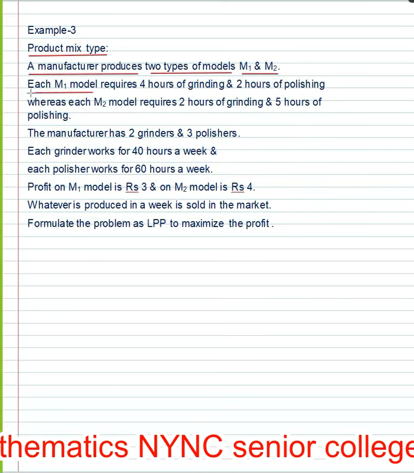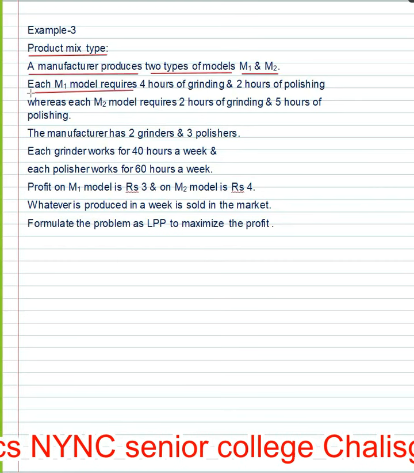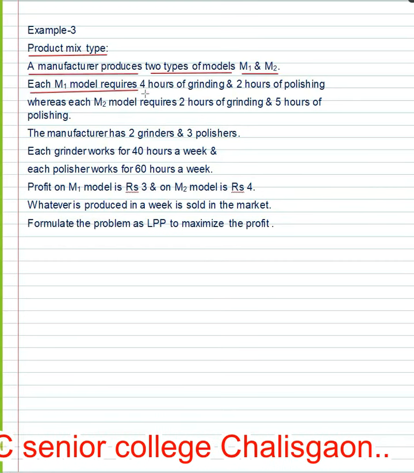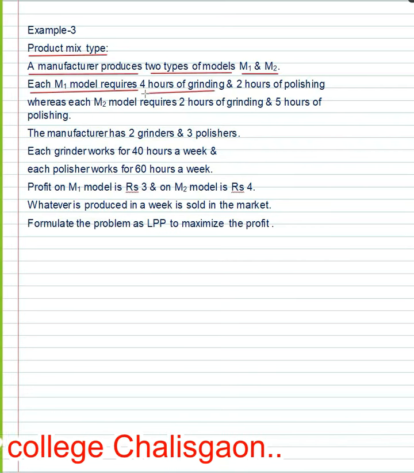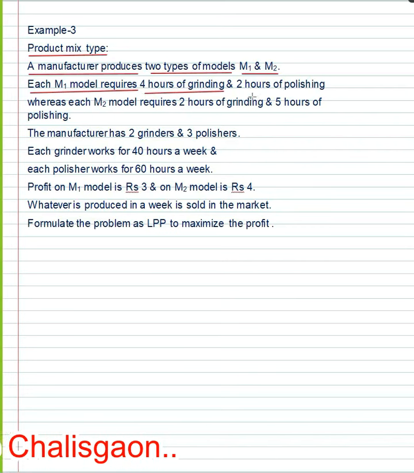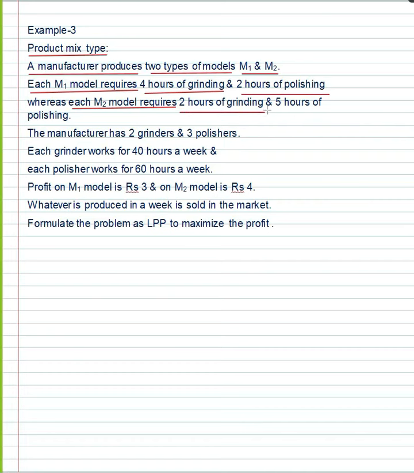Each M1 model requires 4 hours of grinding and 2 hours of polishing, whereas each M2 model requires 2 hours of grinding and 5 hours of polishing.